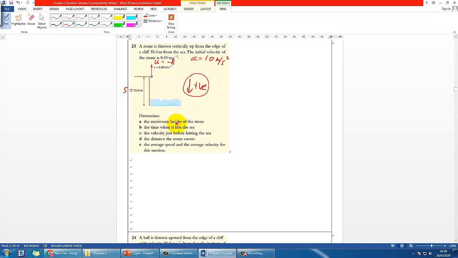Again, determine the maximum height, so it's when v equals 0. Maybe v equals u plus at? Not really. For maximum height, v squared equals u squared plus 2as.